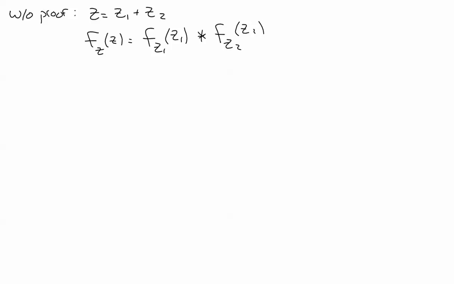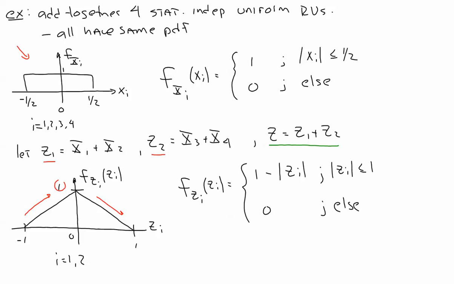What I'm doing here is convolving two triangle functions. To get to the composite probability density function for Z, since I'm adding Z1 and Z2, what I'm going to have is the convolution of two of these triangle functions. You can find this in textbooks.